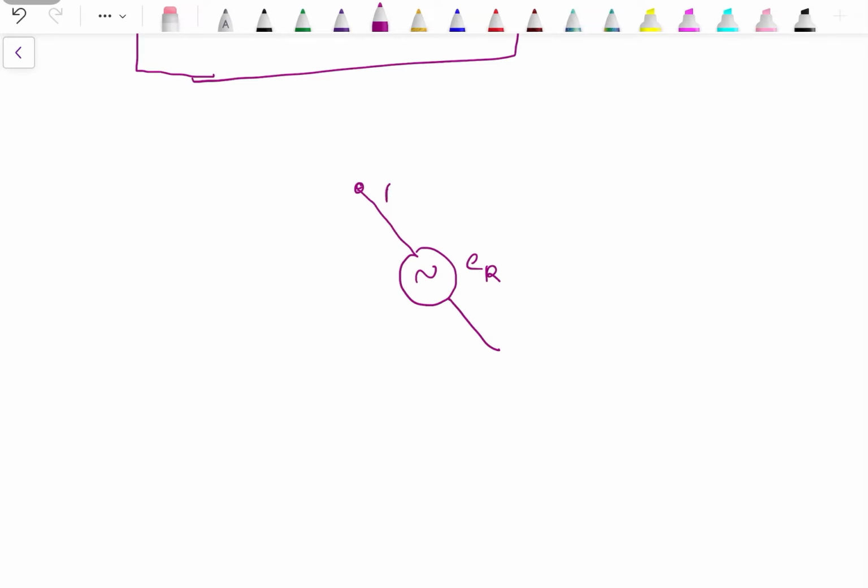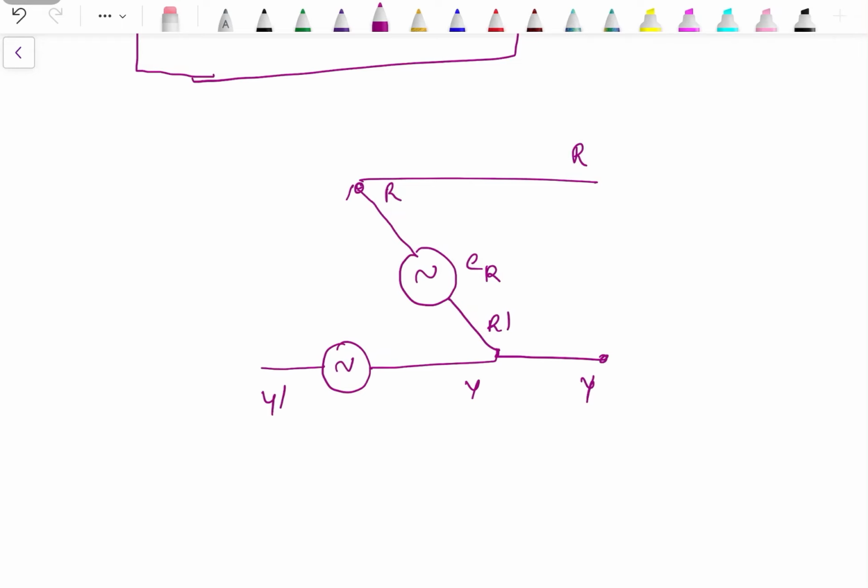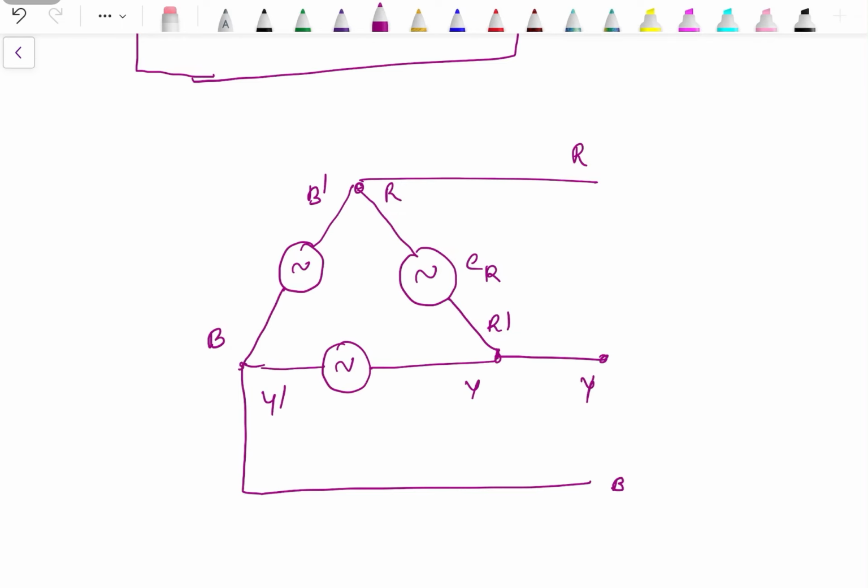ER, R, and R dash, EY, Y, and Y dash. From here we have line Y available, from here R available, and the third one is EB, B, B dash, and from here we have line B available. So R dash is connected with Y, Y dash is connected with B, and B dash is connected with R. Now this looks like a delta.